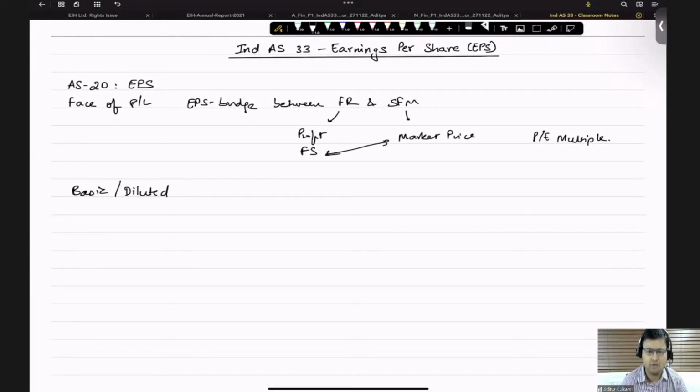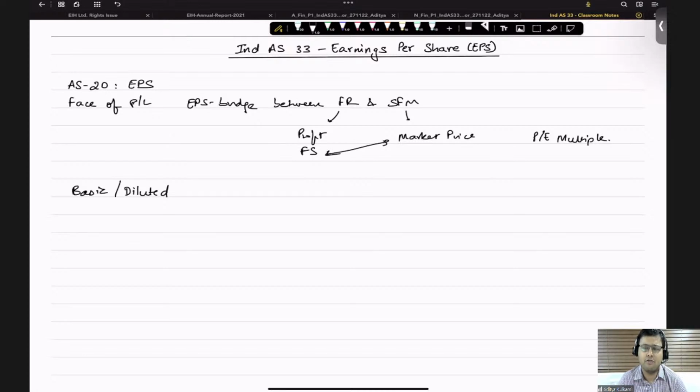In equity shares also, I have equity shares with differential voting rights, and equity shares having a preference over the other equity shares. So when I talk about earnings per share, it is from the perspective of which shareholders? It is from the perspective of that shareholder who is last in line to receive the net assets on liquidation of the company.